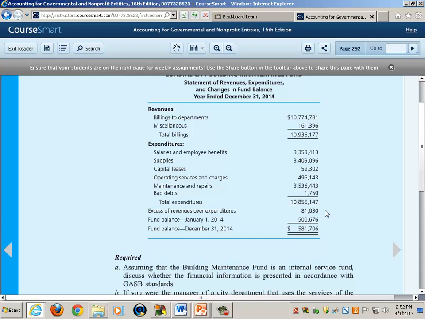Okay, 23. A local government was awarded a grant of $1.2 million. They received in June 440, and so on and so forth. Their fiscal year ends in June 2014. So what's the amount of revenue that they recognize?